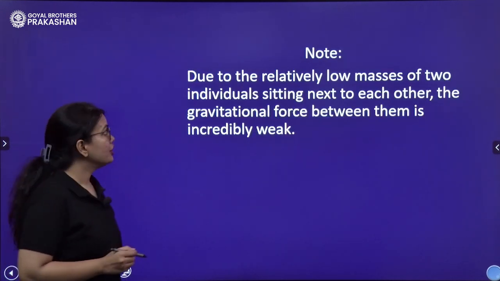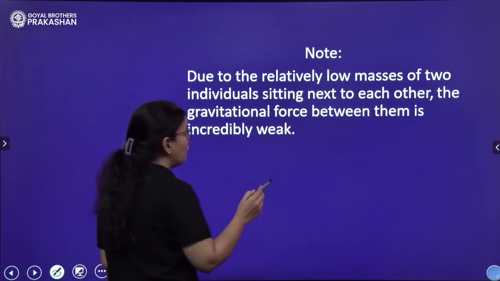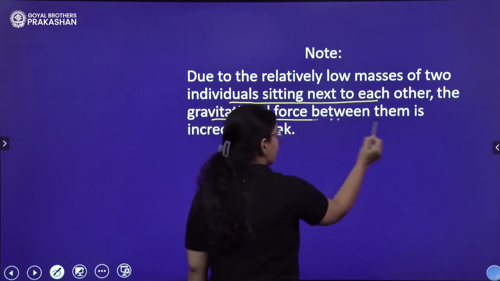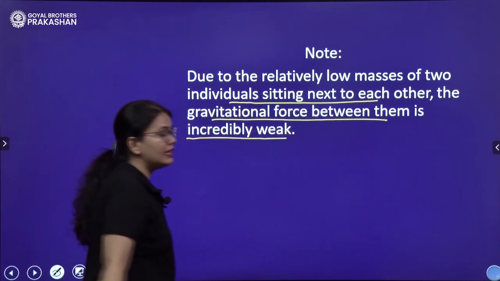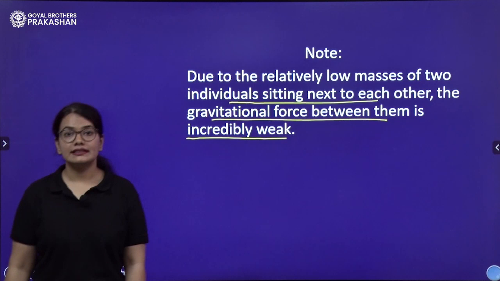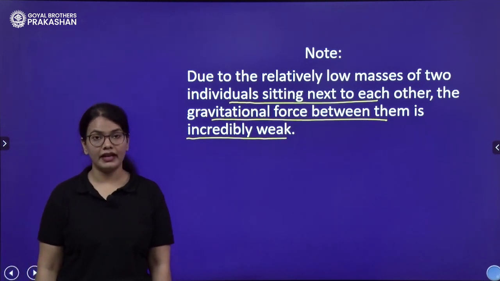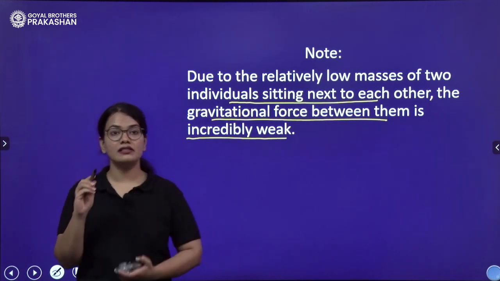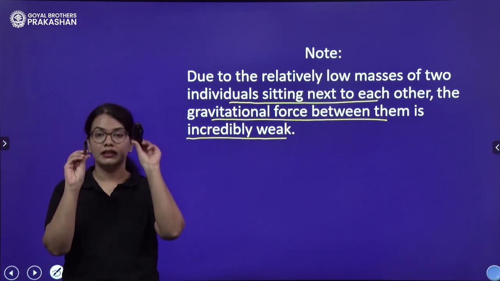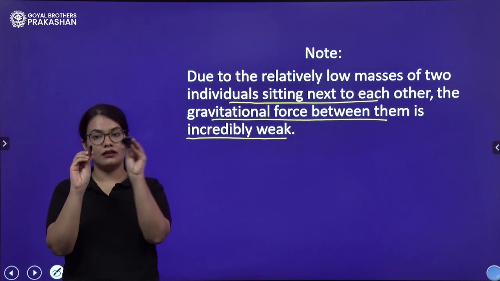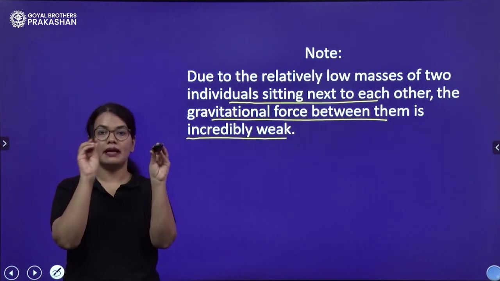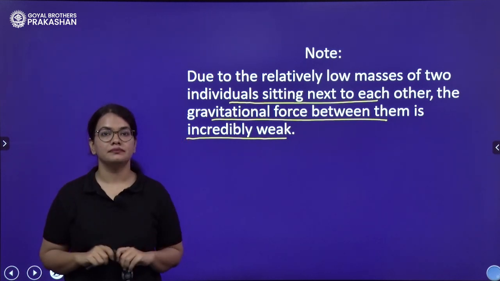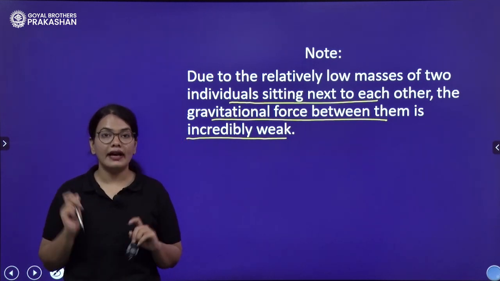Next, note, due to the relatively low mass of two individuals sitting next to each other, the gravitational force between them is incredibly weak. We have discussed in the previous topic that suppose I have this pen and this remote control. This remote control is applying a force on this pen, and the pen is applying a force on this remote control, but they are not moving towards each other, right? Why?